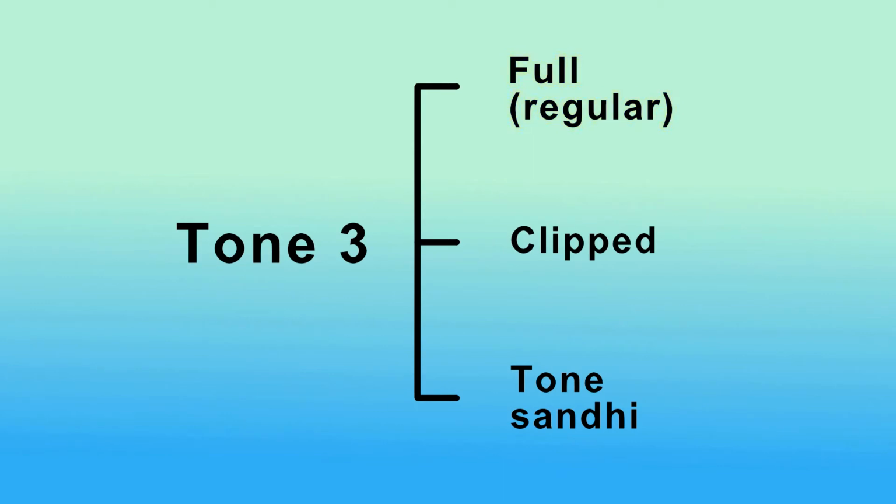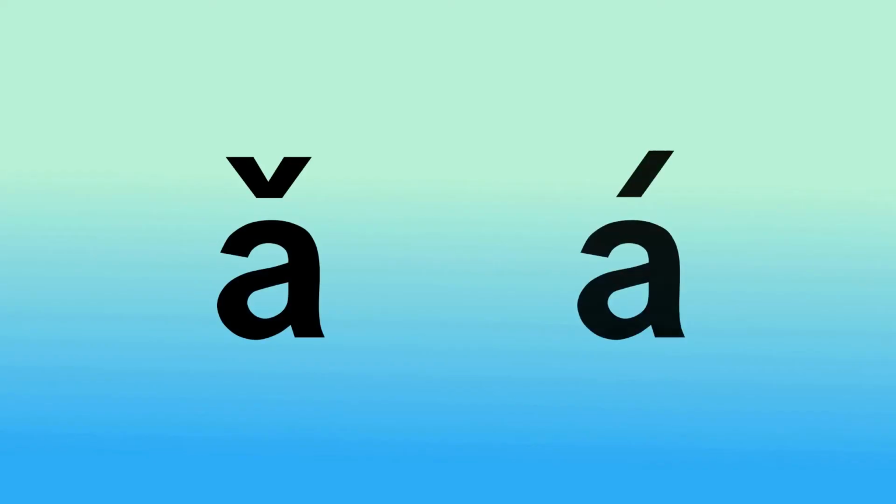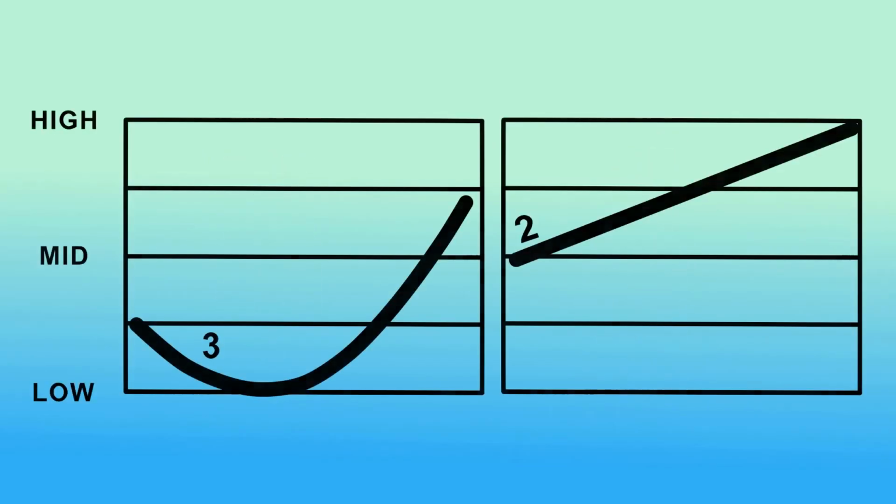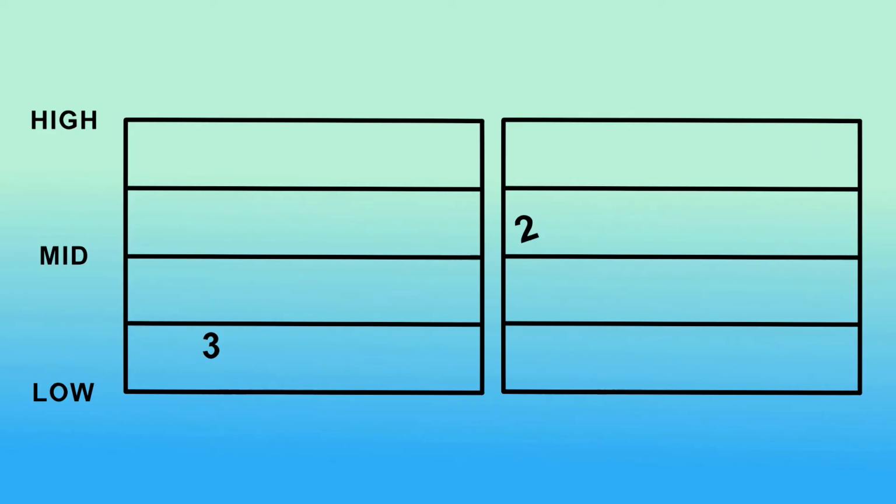Before going on to the model word, let's do a quick repetition contrasting the third tone with other tones. First, listen to the difference between the third tone and the second tone. And now try to imitate it yourself.